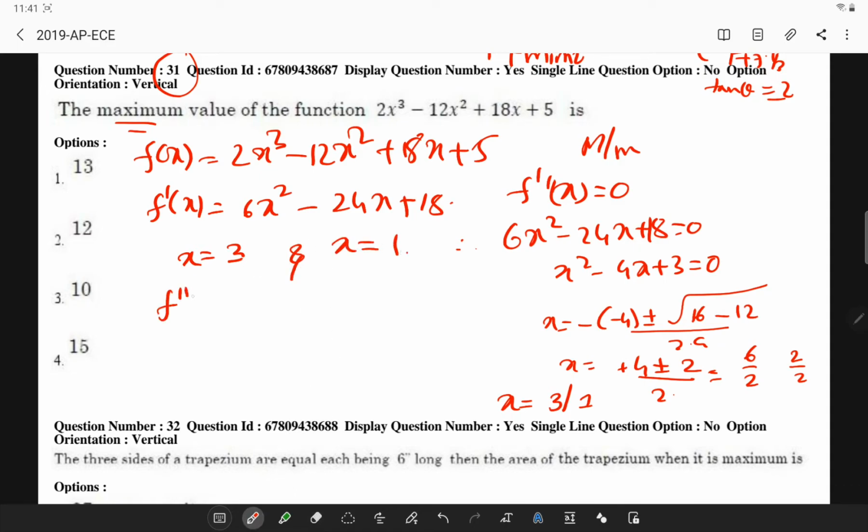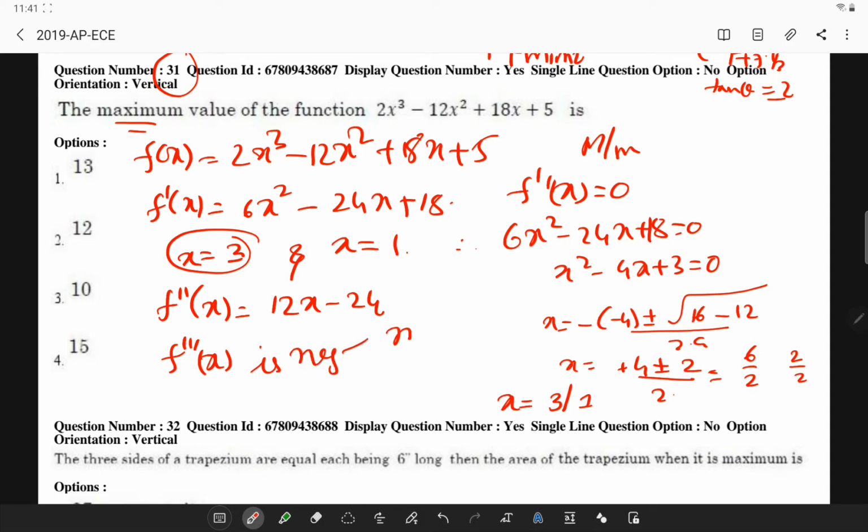Next I'll calculate f double dash x, which is 12x minus 24. The point at which f double dash x is negative corresponds to maxima, and if it is positive it is minima.